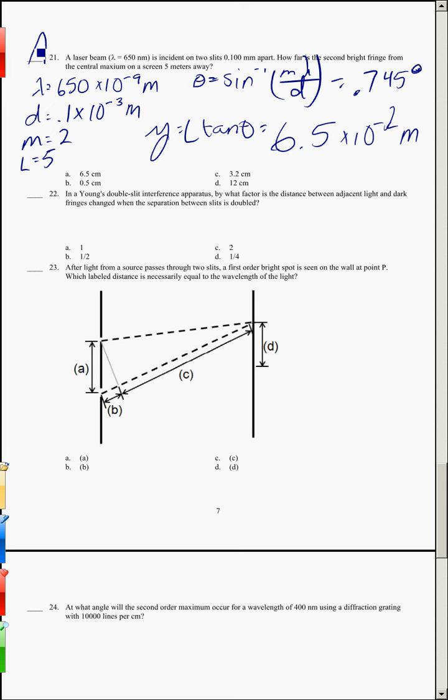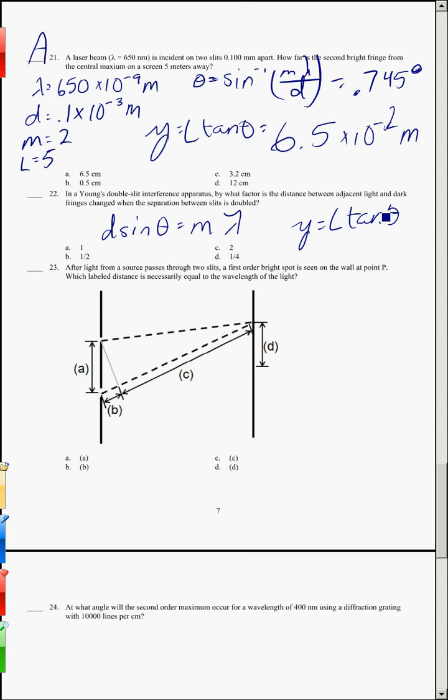In the Young's double slit interference apparatus, by what factor is the distance between adjacent light and dark fringes changed when the separation between slits is doubled? Alright, we want to consider 2 things. d sine theta equals m lambda, and then also that y is equal to L tan theta.